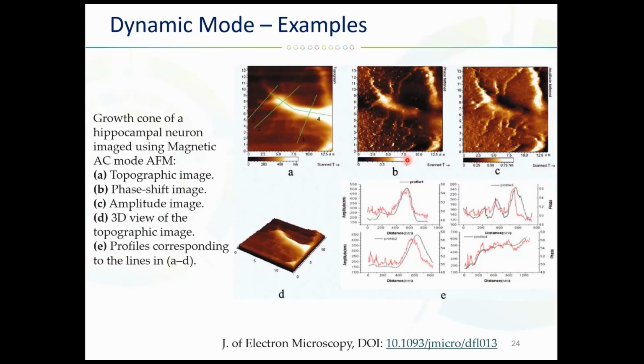On the figure A is an overall visible topographic image, and the 3D image of this topography is under picture D here. So phase and amplitude images show us a much finer resolution. So this is B and C. B is the phase shift image, C is the amplitude image.